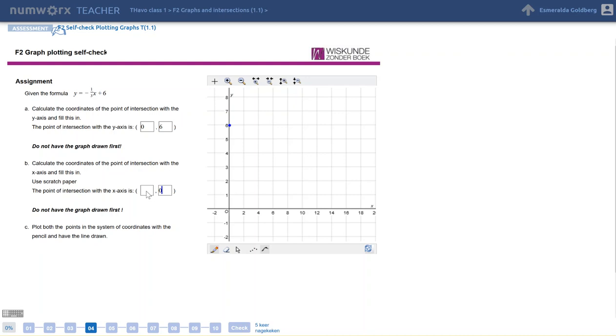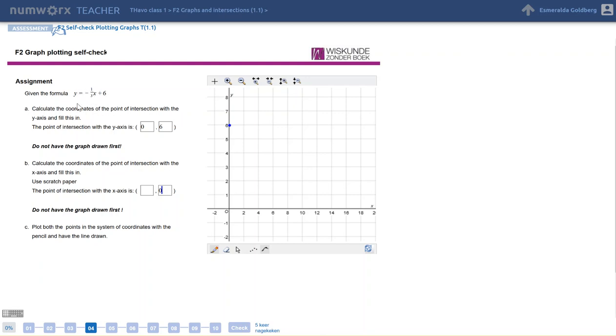And we can use this to find the x-coordinate. The x-coordinate tells us where the line passes through the horizontal axis. We're taking 0 for y, and we are filling it into this formula again, but not for x this time, but for y, because this is a y-coordinate. That means we get minus a third x plus 6 equals 0.